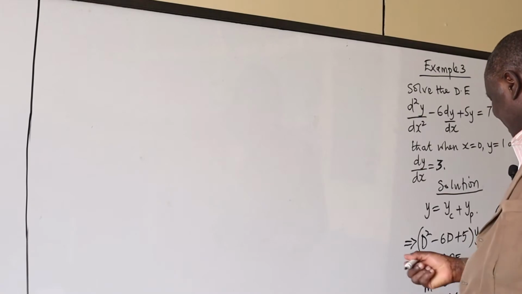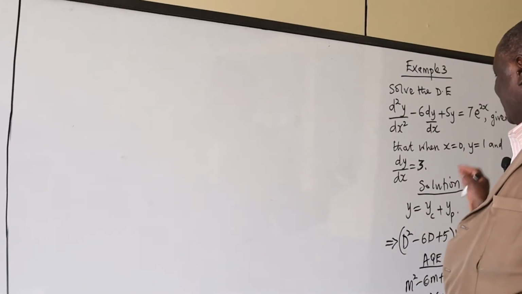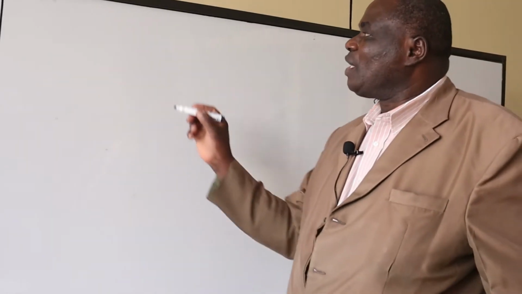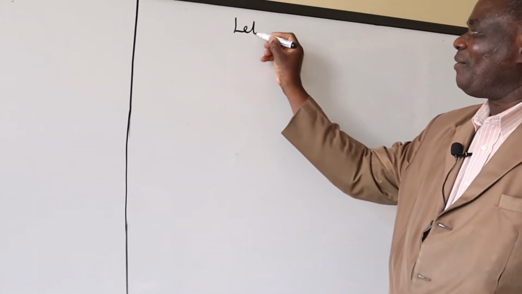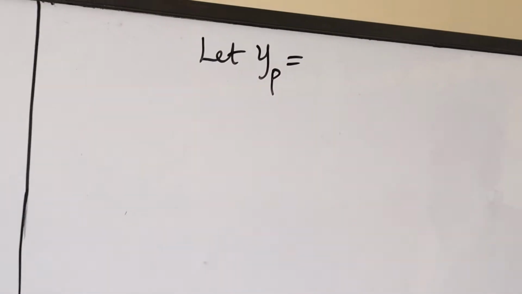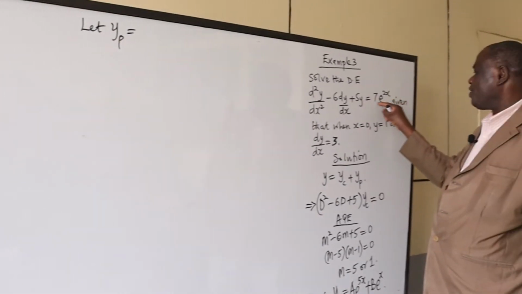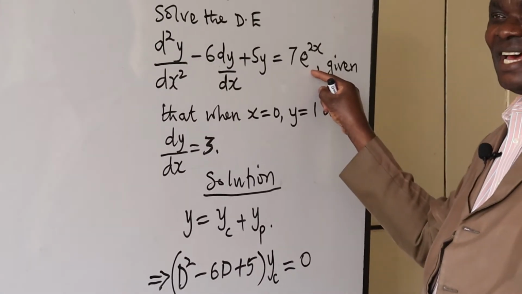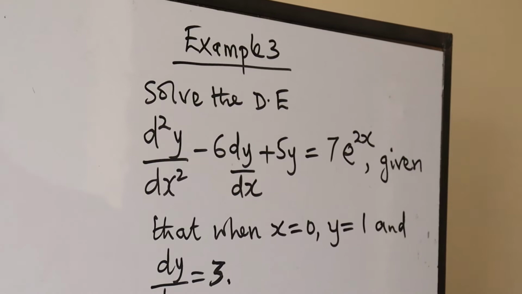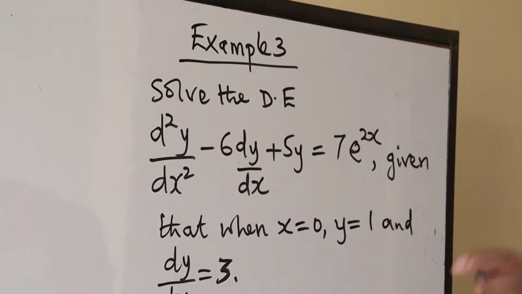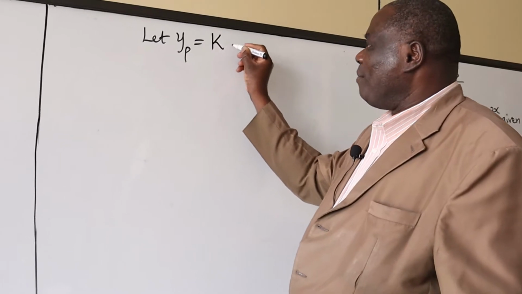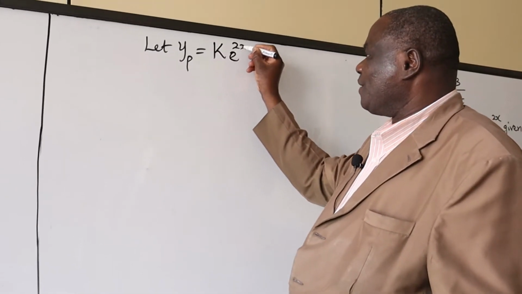So we are in the process of now determining the particular integral. Since we have an exponential function on the right hand side of this differential equation, we are going to let our yp be equal to an arbitrary constant k multiplying exponential 2x.